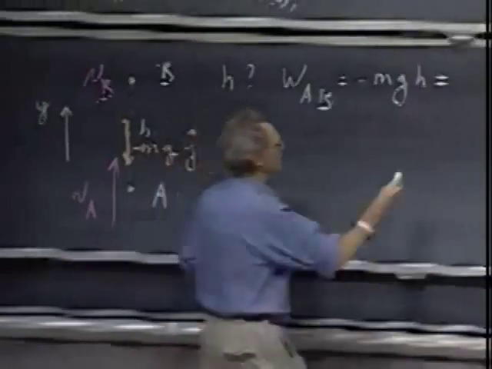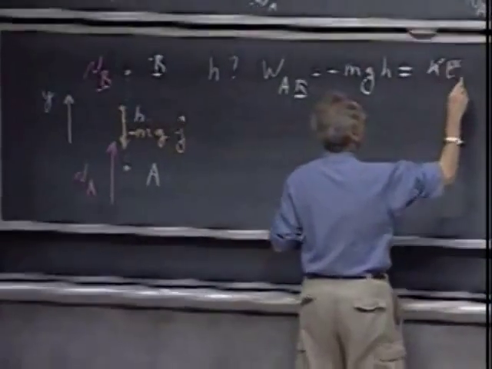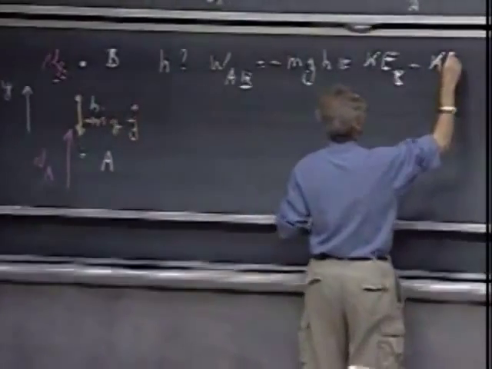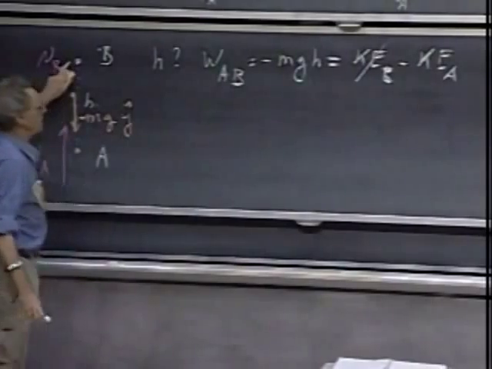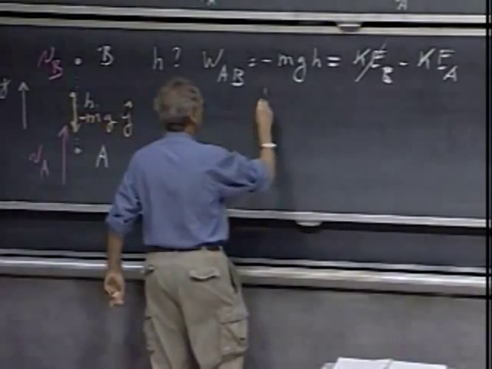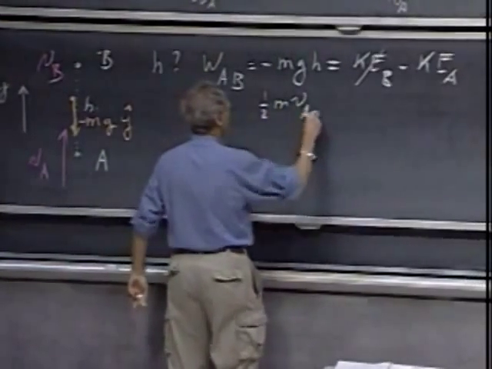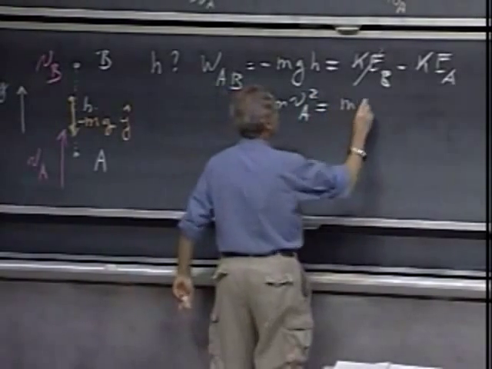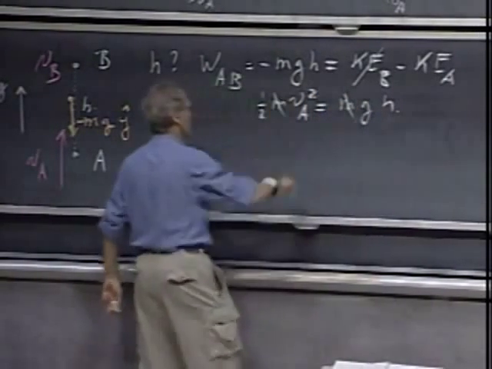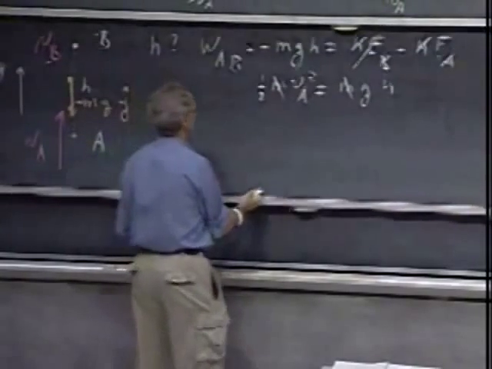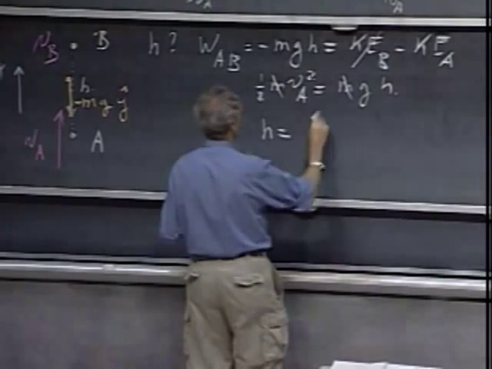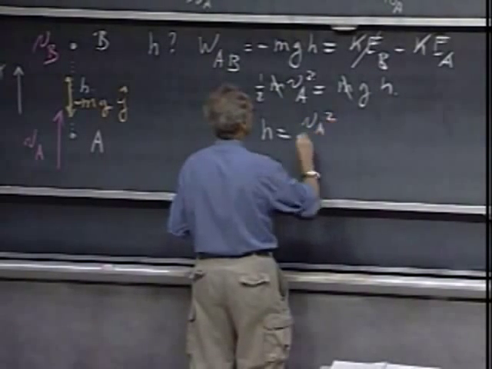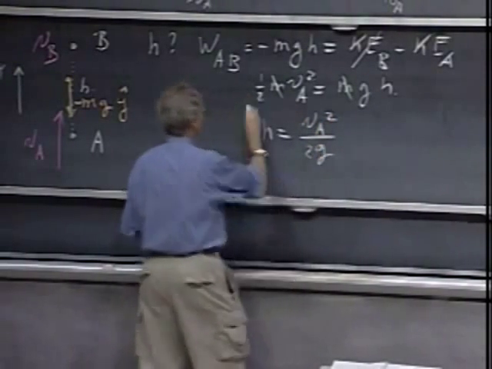That must be the kinetic energy at point B minus the kinetic energy at point A. This is 0 because it comes to a halt here, and so you find that 1/2 m VA squared equals mgh. m cancels, and so you'll find that the height that you reach equals VA squared divided by 2g.